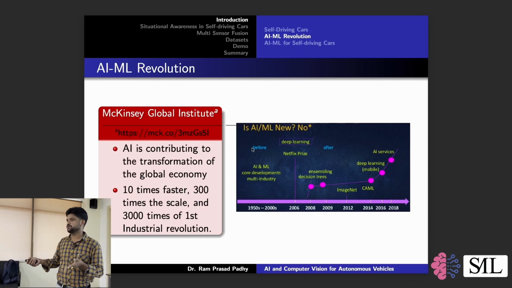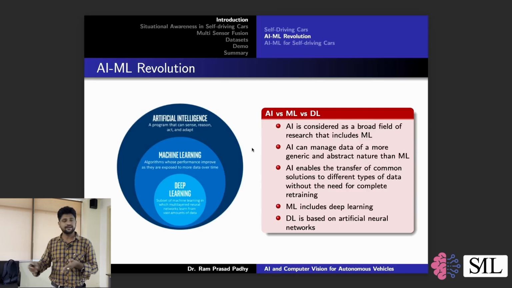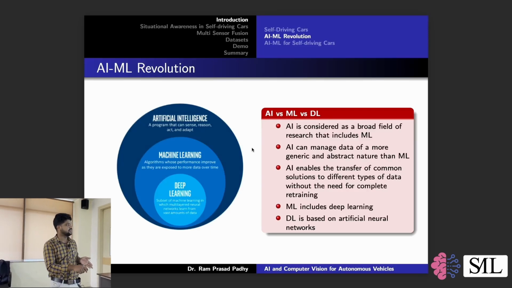In any research field, not only computer science, but electronics, electrical, mechanical, civil, everywhere you will see that they are using AI and ML. Okay. So the self-driving car is not something different. As there is so much availability of data, we have to use some form of ML algorithm to do it faster, right?